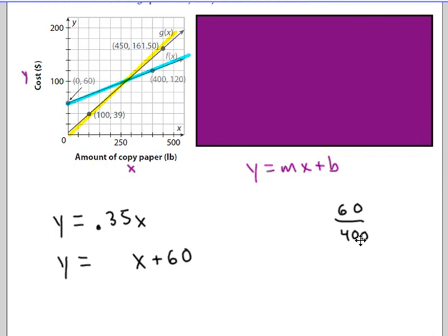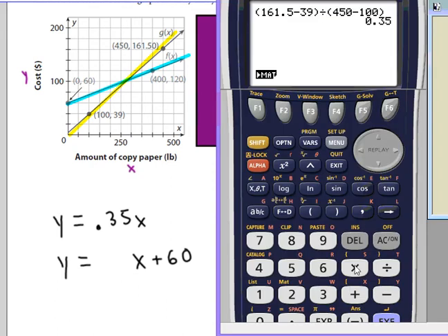So let's see, I can cancel these 6's, and let's stick with fractions here. 60 divided by 400 means the slope of this one's 0.15. So this is 0.15. There's my system that I want to solve.